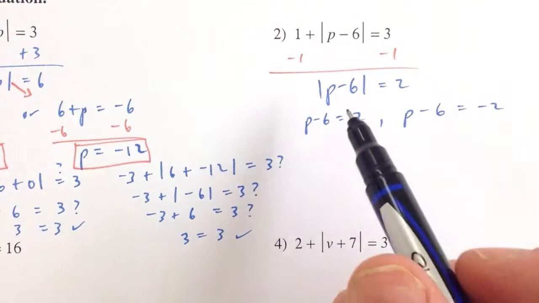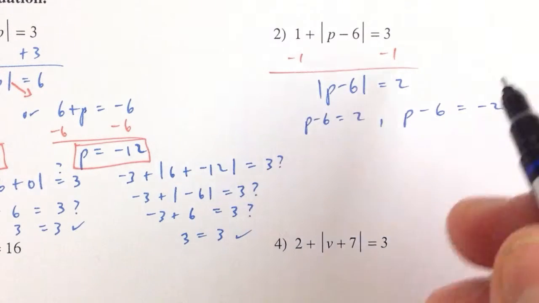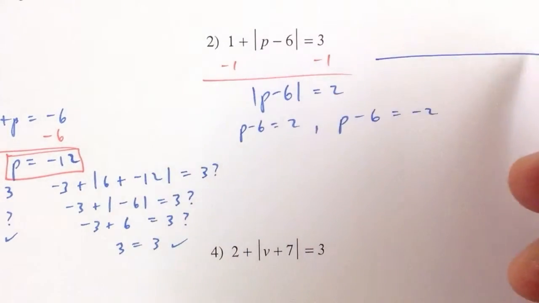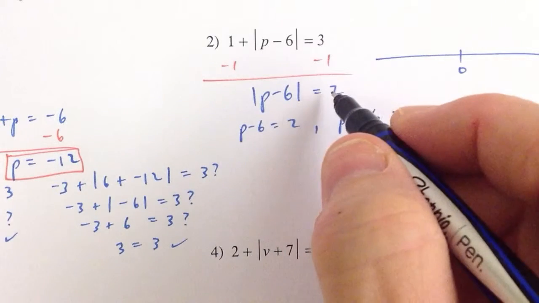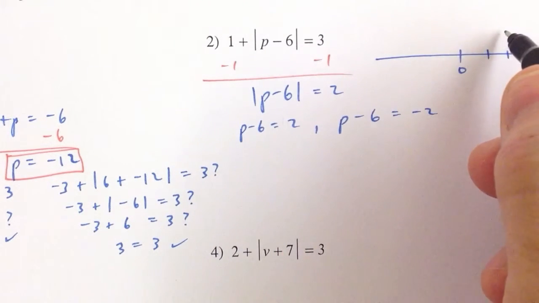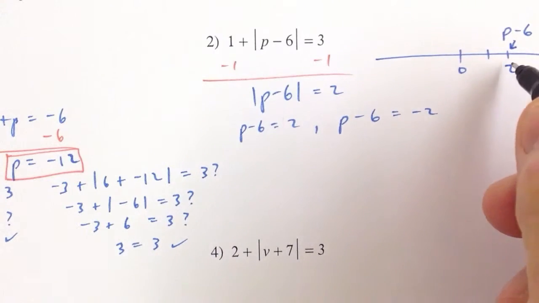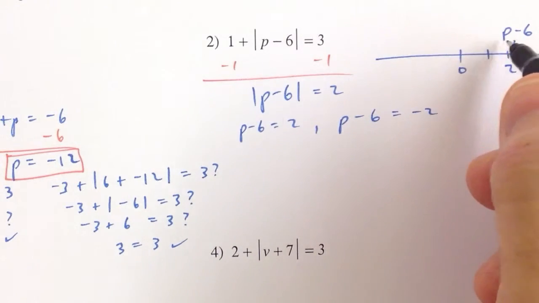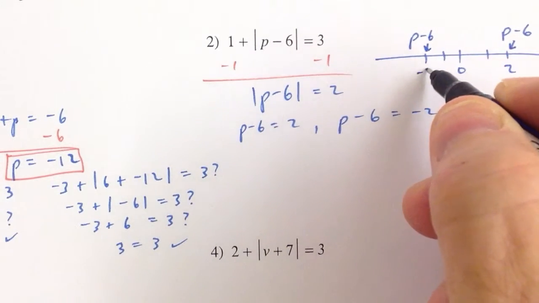Because keep in mind, the absolute value of a number means the distance from 0. So, just to give you a visual of this, if the absolute value of something is equal to 2, it means that that something, in this case p minus 6, is either equal to positive 2, so you go 2 units to the right, or p minus 6 is equal to negative 2.